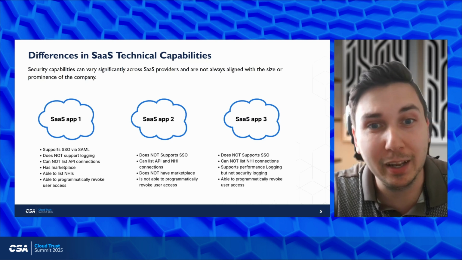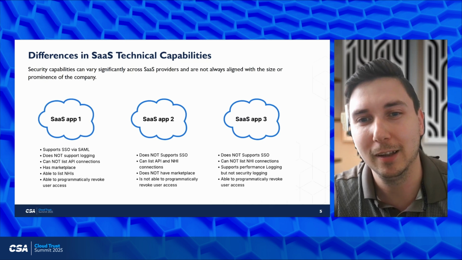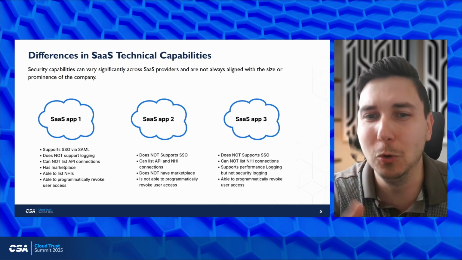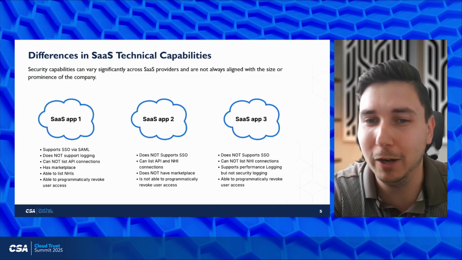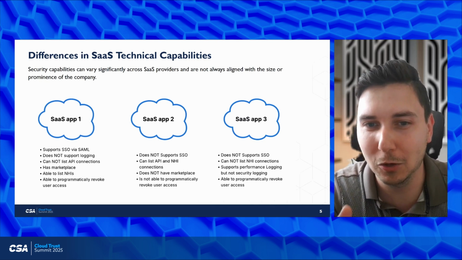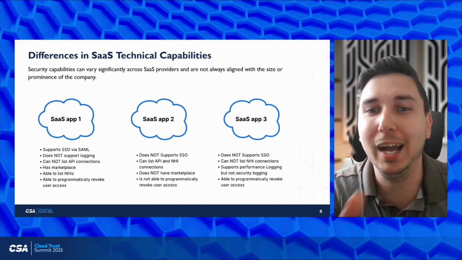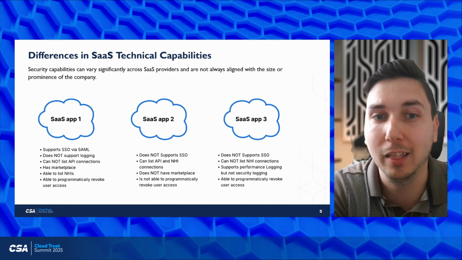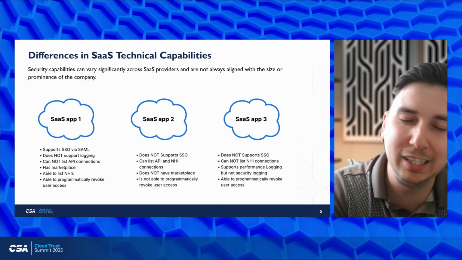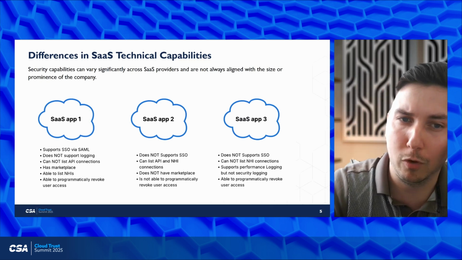And then the other application may not have any SAML SSO capabilities, but it is able to provide accurate logging. So now we have 2 applications that both have valuable security features that we want to use, but neither of them has everything that we would like to see. And there are many other large inconsistencies in these applications. So these differences can be quite large between SaaS providers.